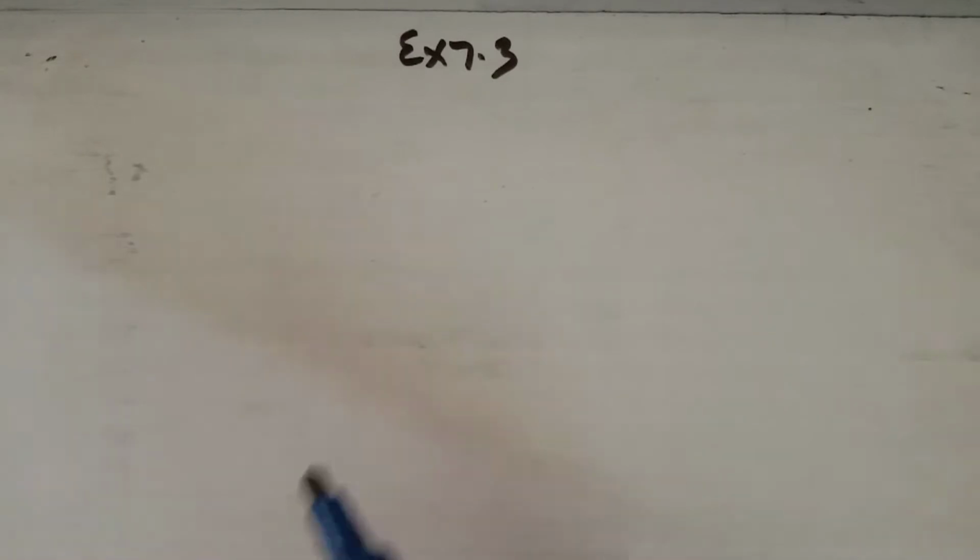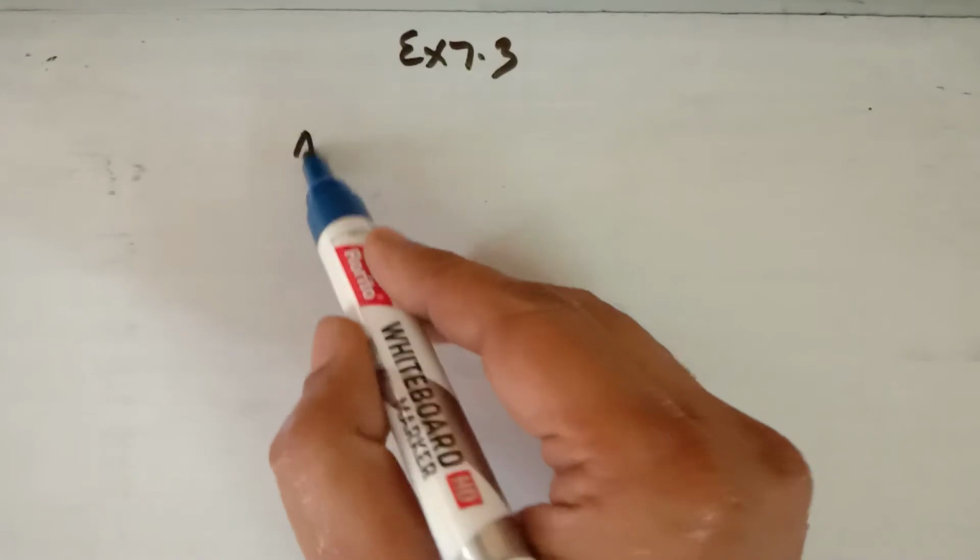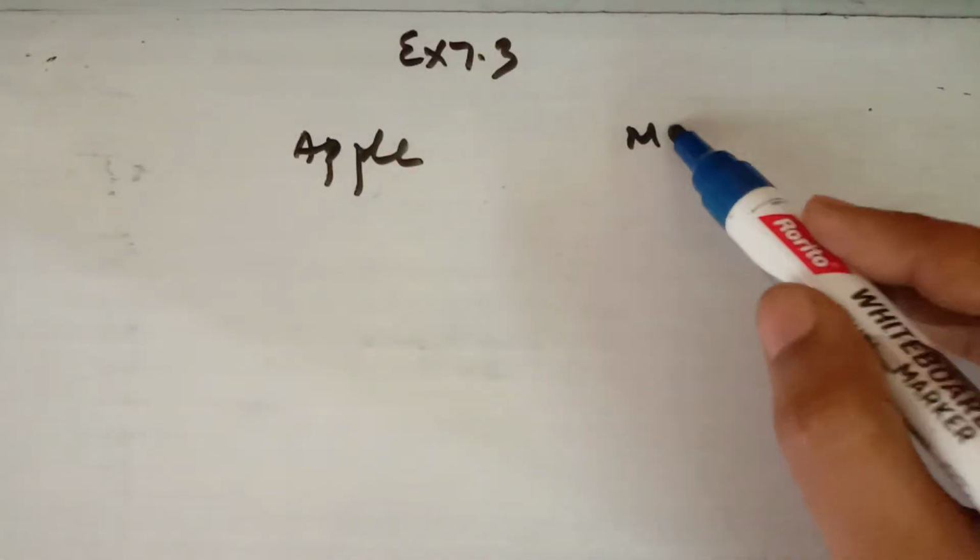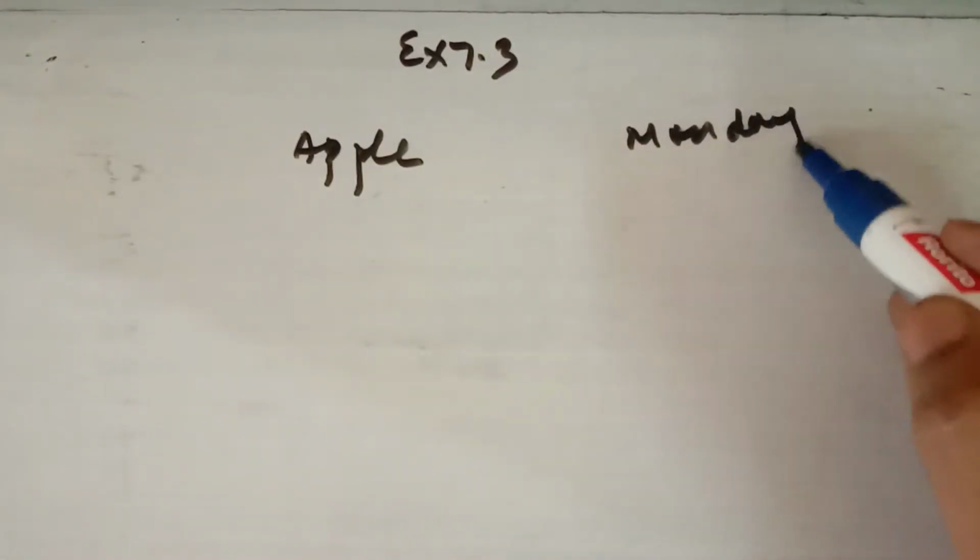Before doing this question, let us take one or two more examples related to it. Suppose there is a word apple. How many words can you make by using all the letters of this word apple? Up till now, you were doing questions in which no alphabet was repeating, like the word Monday, MONDAY, where you did permutation of 6.